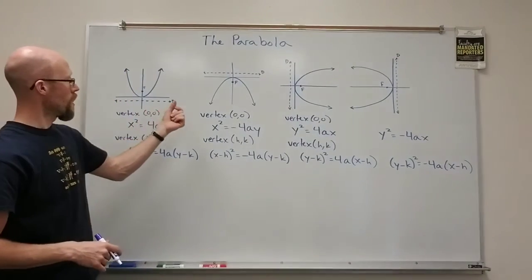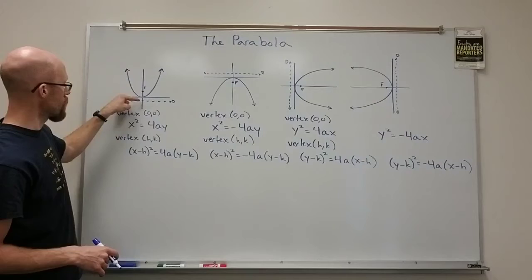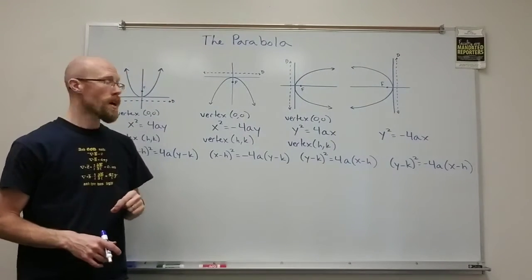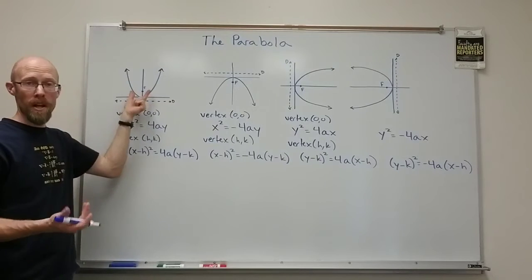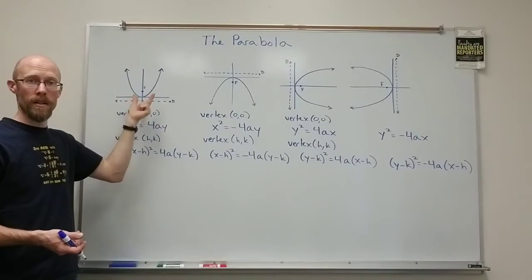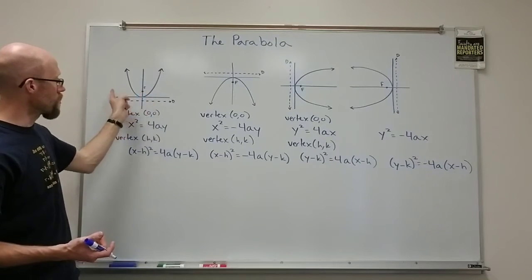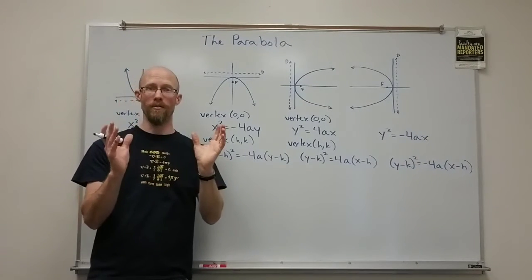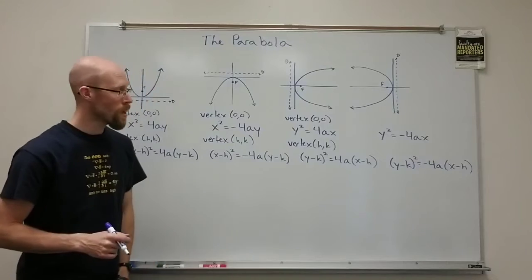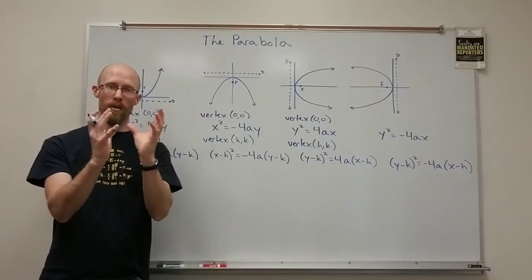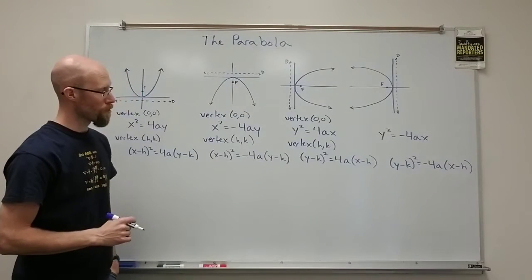Remember, the directrix and focus are a units away from the vertex, and the width is dependent upon a. The width of that, the latus rectum, is 2 times a in either direction, so an opening of 4a total. And so that a value will change the width, whether it's wider or narrower for that parabola.